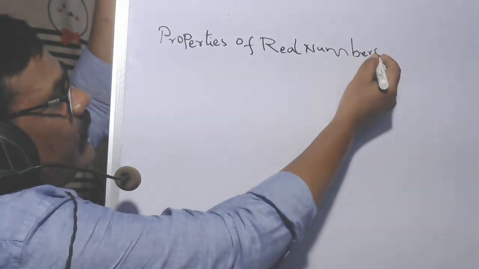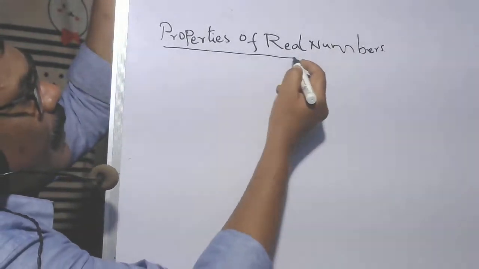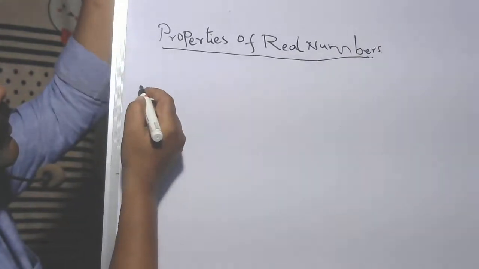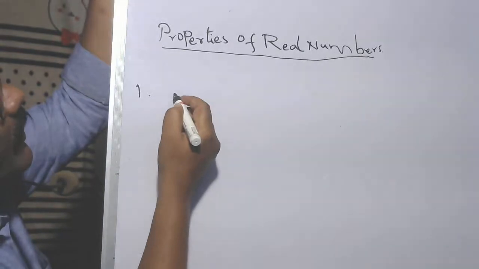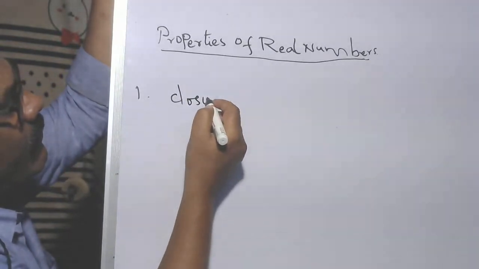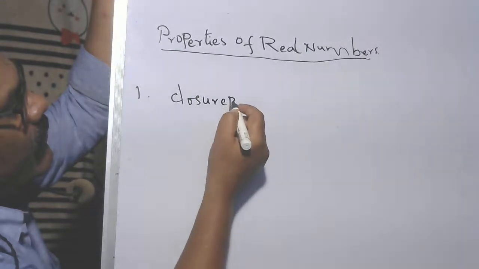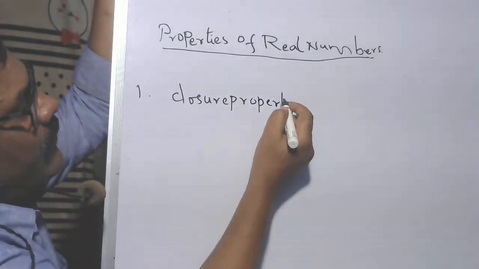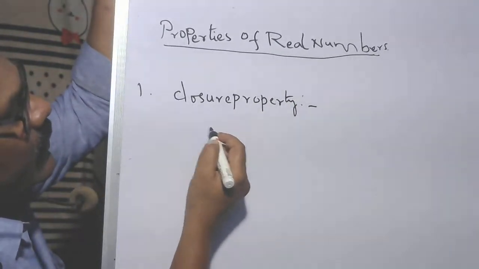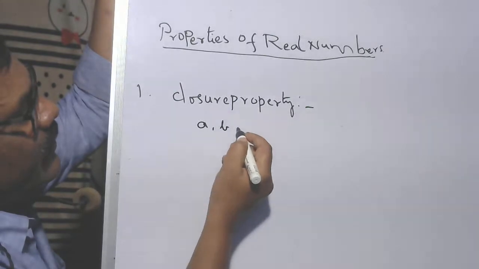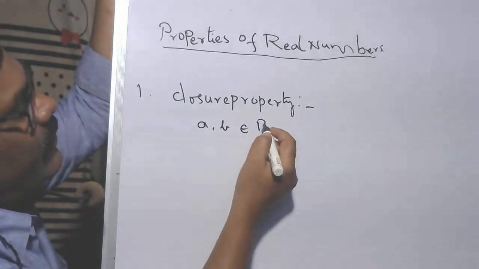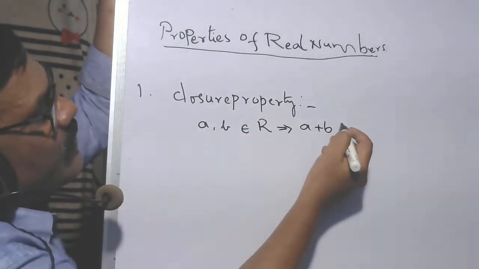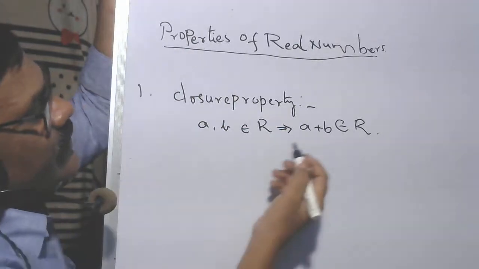I am writing roughly. Properties of real numbers. Number 1, closure property: a, b belong to real numbers, which implies a plus b also belongs to real numbers.